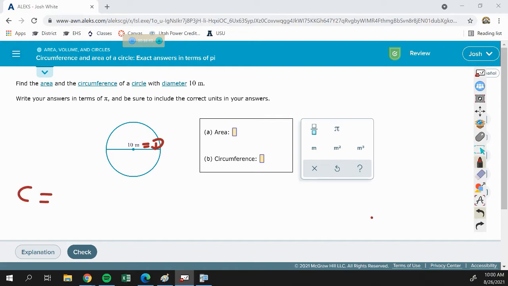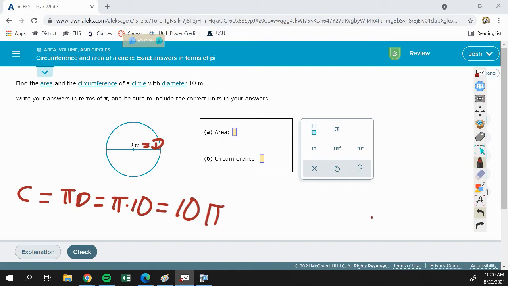It's going to be pi D, which is pi times 10. So we're just going to write it as 10 pi. And that is called the exact value. It doesn't have the messy, irrational decimals attached to it. And in upper level mathematics, we often leave pi like that without transferring it into a decimal.